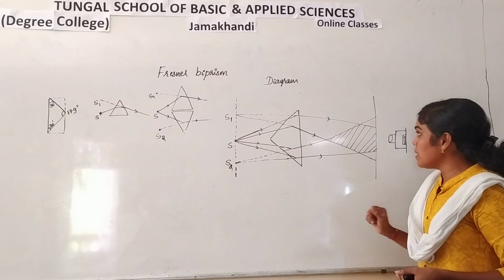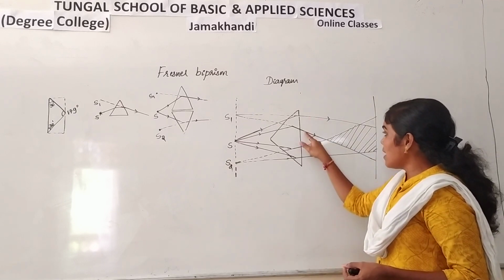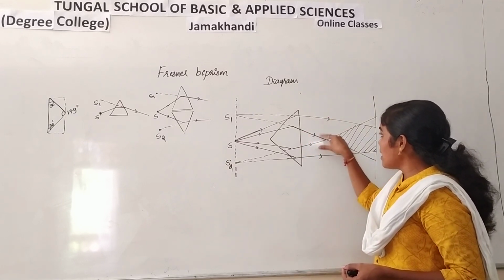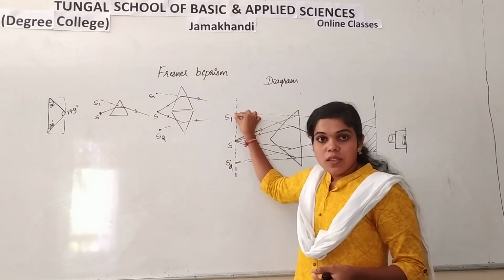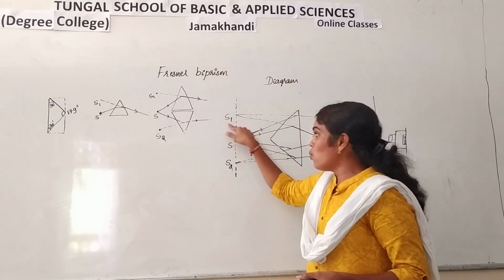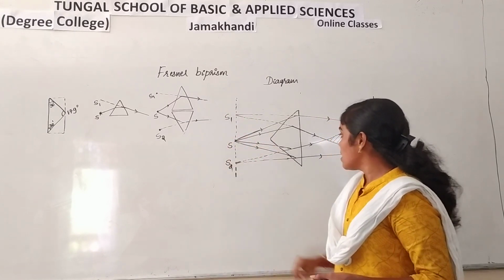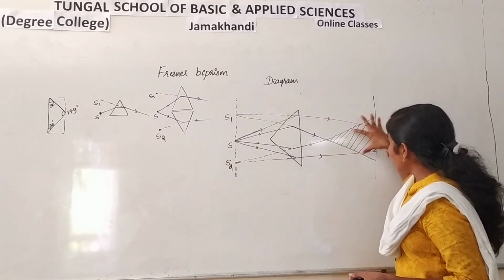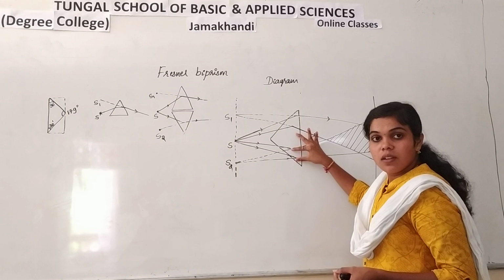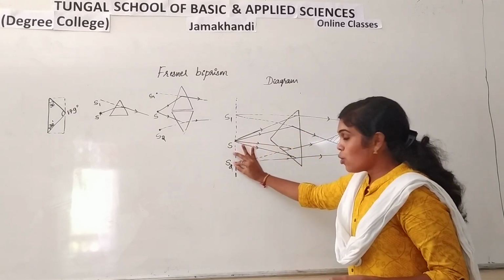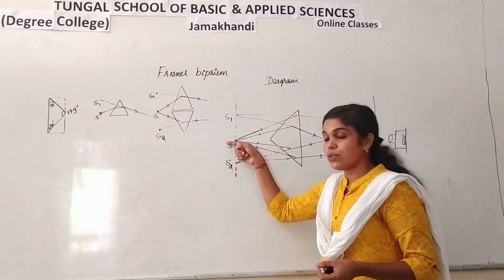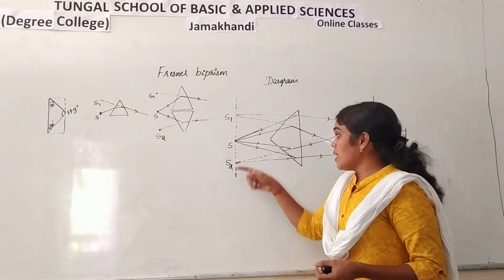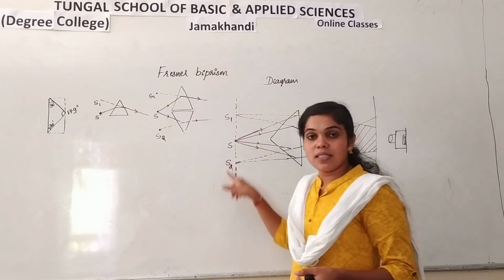And here what happens? These two refracted rays appear to come from the point S1. So now this will be what? A virtual image of the source. Yes. And these two refracted rays appear to come from the point S2. This is also a virtual image of source S.